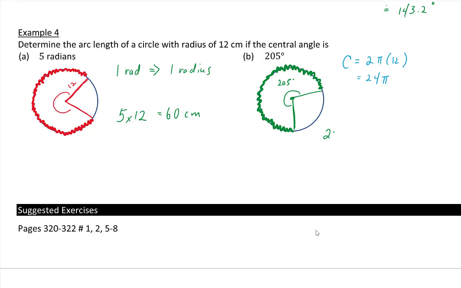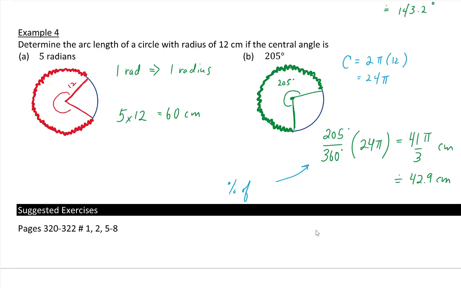We can note that we've traveled 205 degrees out of the possible 360 degrees, and that'll give us our arc length if we multiply it by the circumference, which in this example will give us 41 pi over 3 centimeters, or using our calculator, 42.9 centimeters. And again, this is the percentage of the circumference we've traveled, 205 out of the possible 360 degrees, then multiplied by the full circumference of the circle, 24 pi.